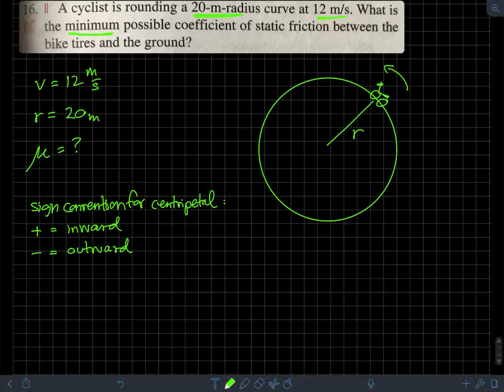Let's think about what force is actually keeping the bike from flying out of the curve. So imagine you're riding your bike and you're going around a curve on the road, and let's say you're taking the turn pretty fast because, you know, why wouldn't you? But let's suppose you want to take this turn fast, and perhaps there's a lot of gravel on the road, or maybe it's icy, or some reason why it's slippery.